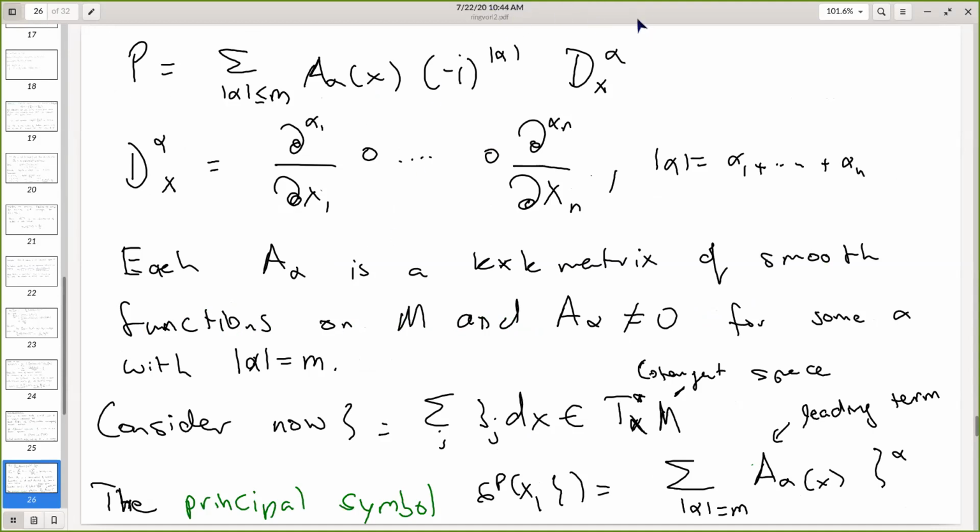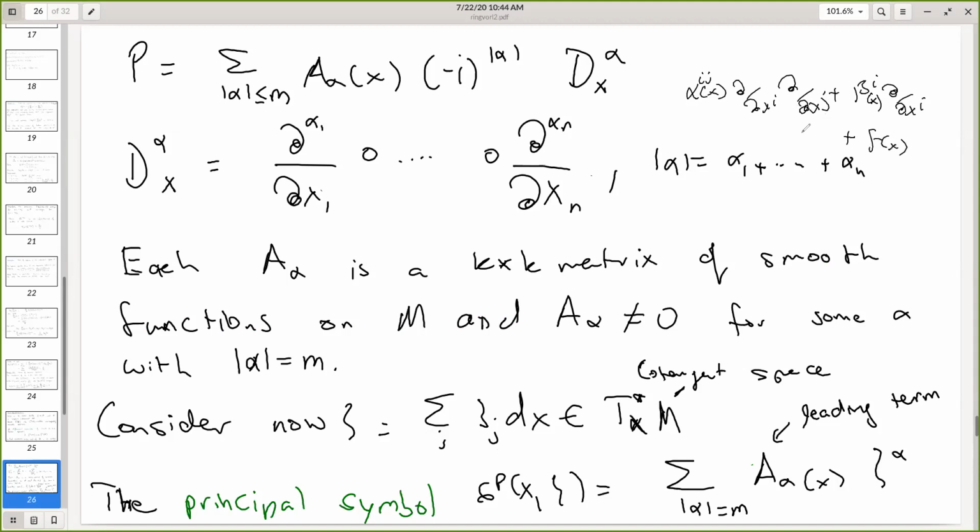For example, a relatively complicated but not trivial second order linear differential operator is given as alpha_ij(x) d/dx_i d/dx_j plus beta_i d/dx_i, which can also depend on x, plus some function f of x.